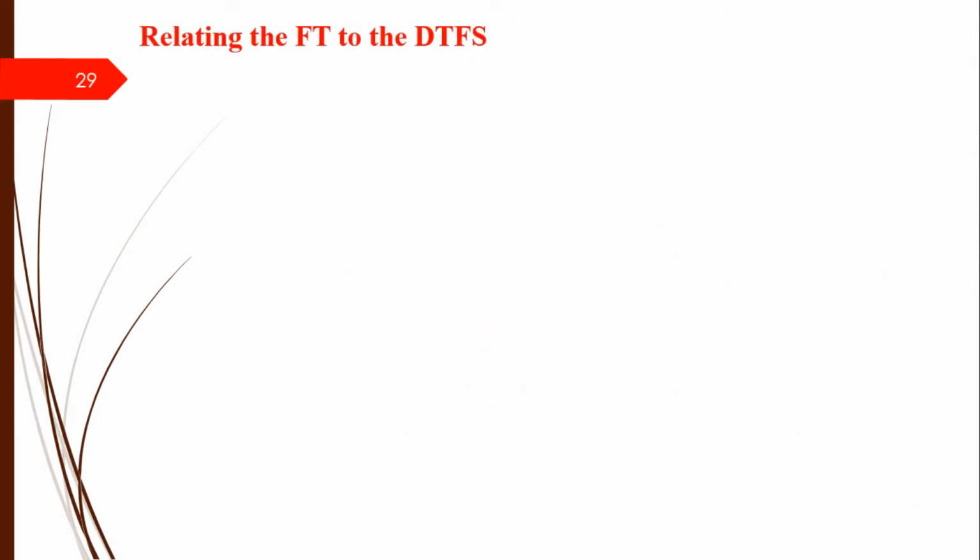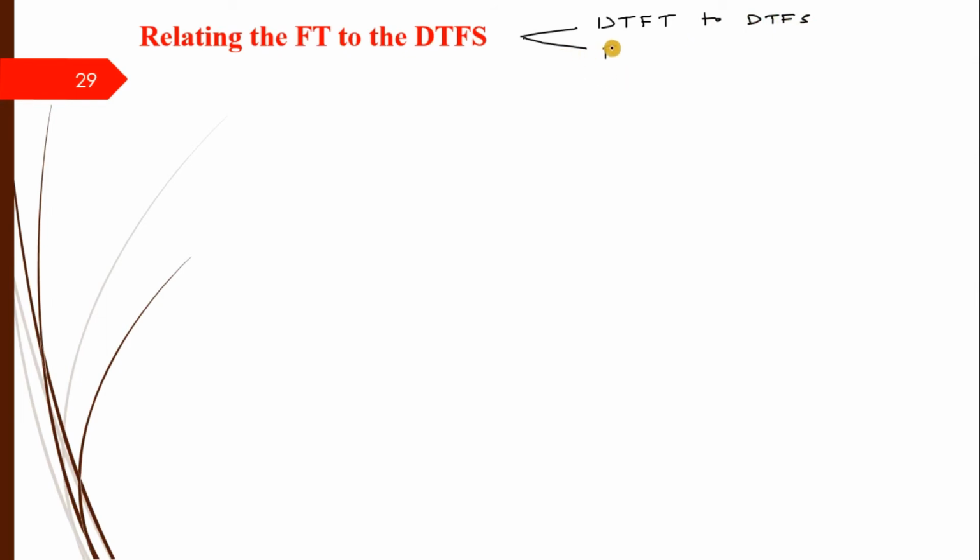That's it. So relating FT to DTFS. Again, I just write it in order to make it simple for you. So very first step, what I do is I use two things here, which we have already done. I relate DTFT to DTFS. This is already done, second derivation.